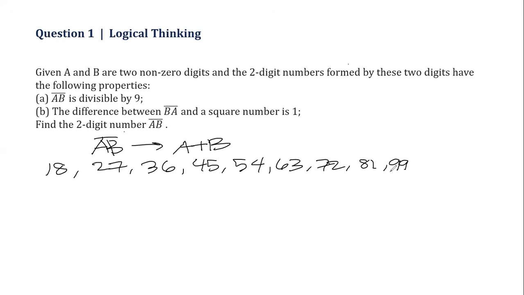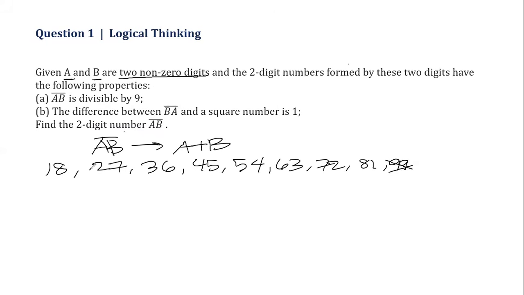And 99 cannot be included here, since it's emphasized in the problem that A and B have to be different, so they cannot both be 9. So 99 is not a possible value here.